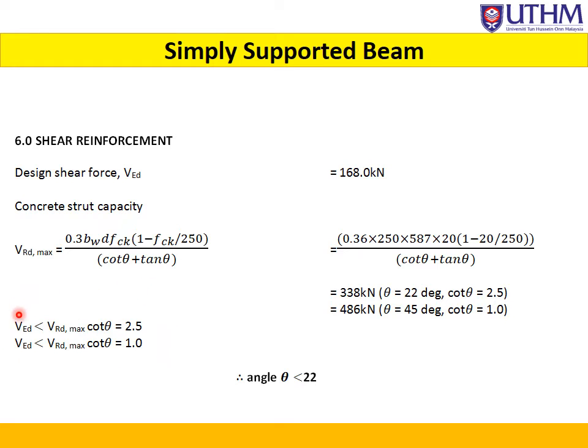We compare our VED design with our VRD max for cotangent theta 2.5 and cotangent theta 1. Since our VED design is less than VRD max, it means our angle is less than 22 degree.